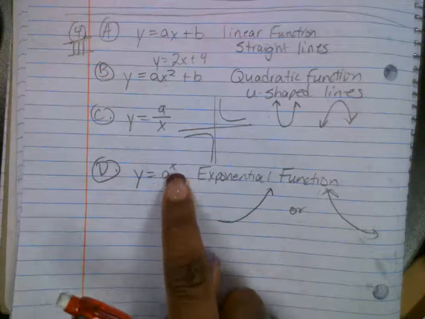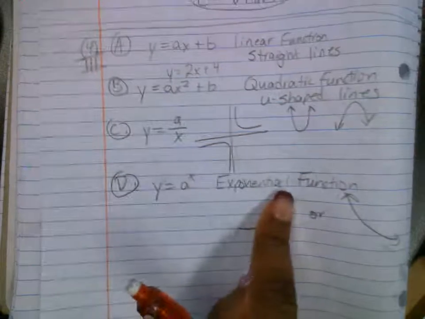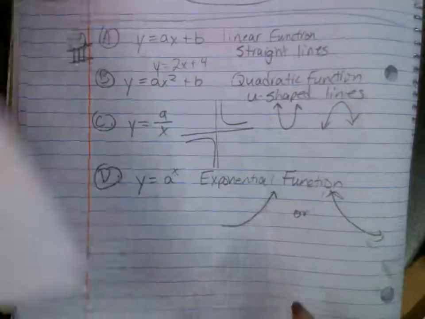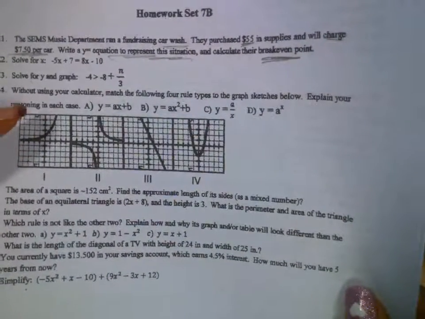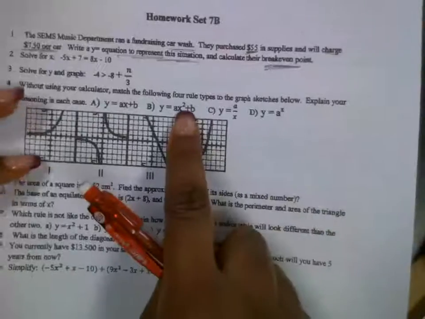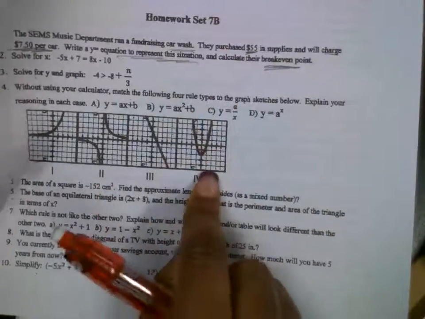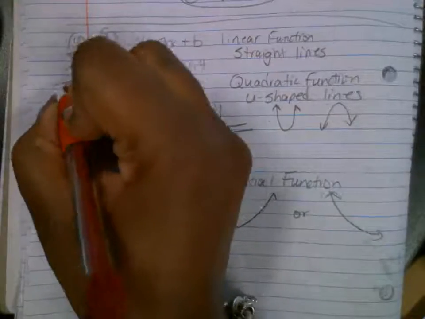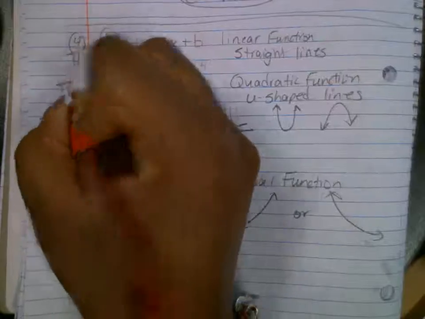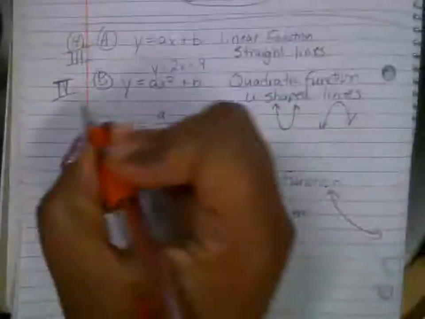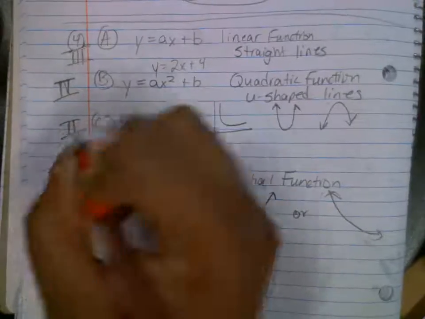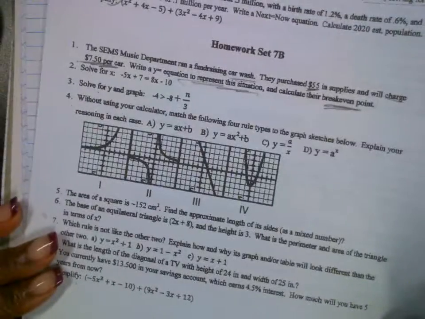It's x is an exponent. Anytime x is an exponent, it's an exponential function. Which one is B? 4. Yeah, that's 4. Which one is C? 2. And which one is D? 1.